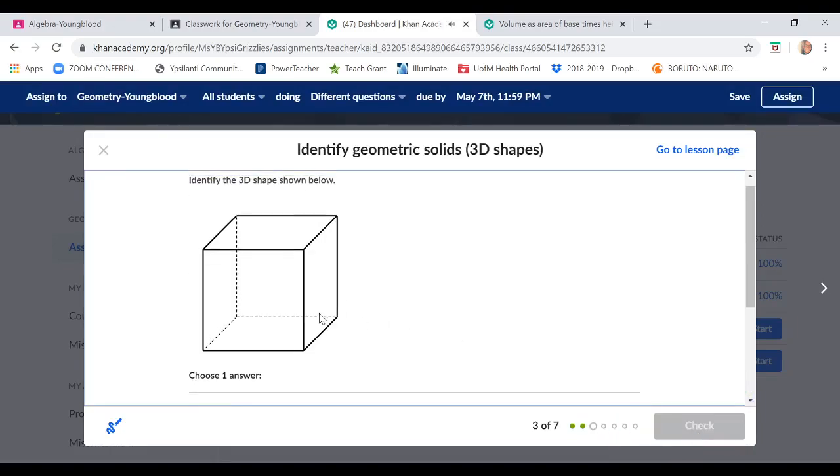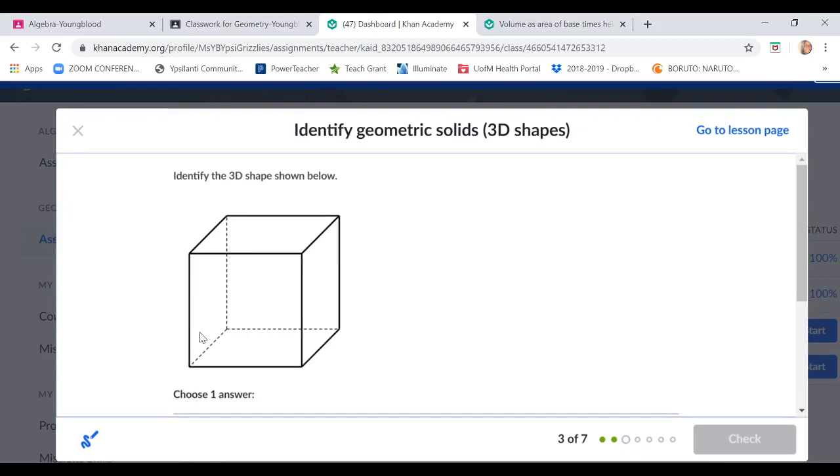Our next shape, technically we could call this a rectangular prism, right? So we see this base is a rectangle or a square, we're not 100% sure. This base is a rectangle. Both of these rectangles are some height or distance away. So because we have 2 bases, it's a prism. It could be a rectangular prism.